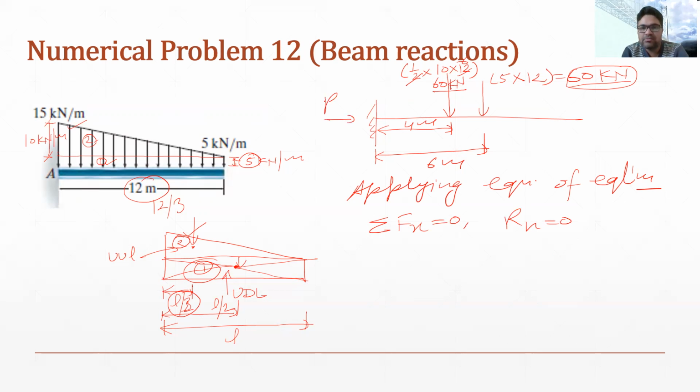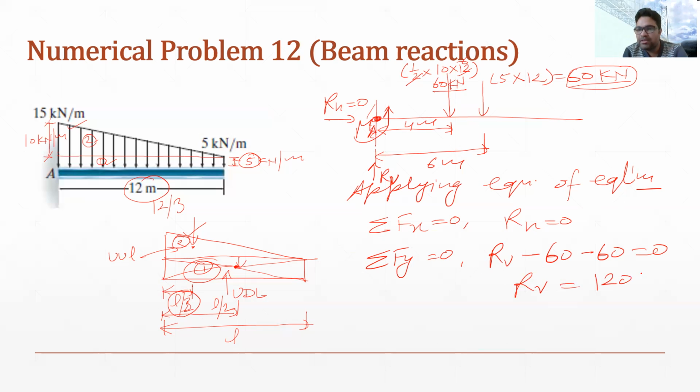Similarly, there will be RV and MA, because this is point A. Summation of Fy equals 0, and there are three vertical loads: the reaction RV and two point loads acting at 4 meter and 6 meter from point A. So RV minus 60 minus 60 equals 0, so RV becomes 120 kilonewton. That is the vertical reaction.